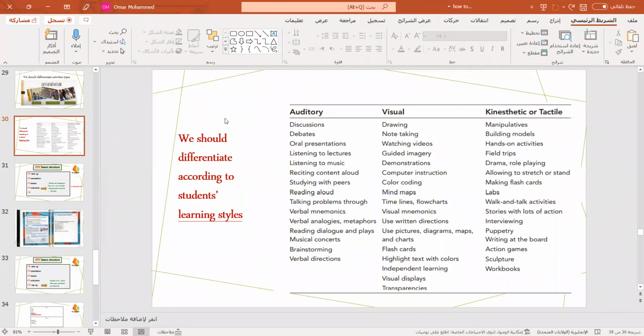And we have other types for students who like to move around, as we said before, building models that use their hands, or draw, do some workbooks. So this is kinesthetic or tactile. So we should address all of these.